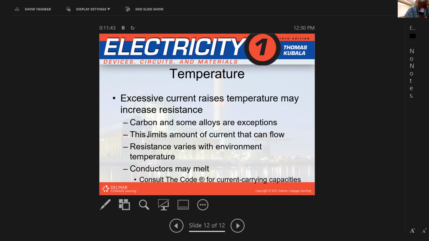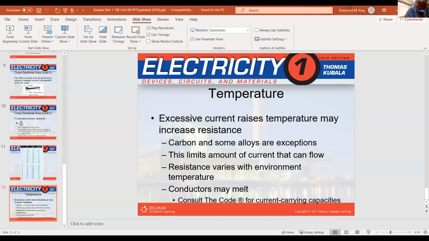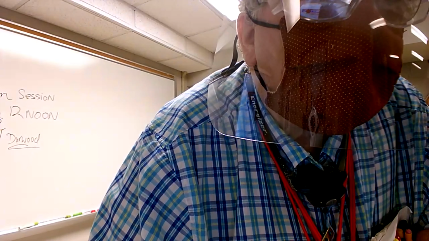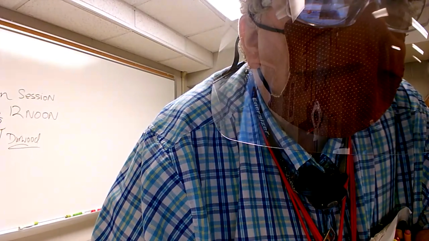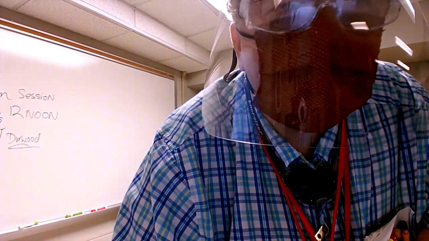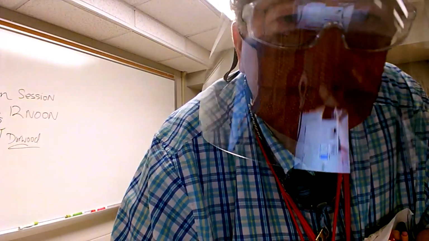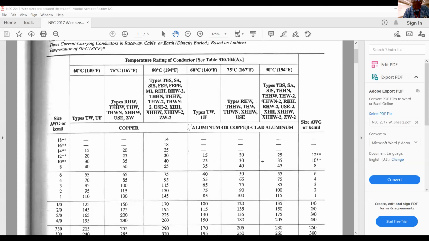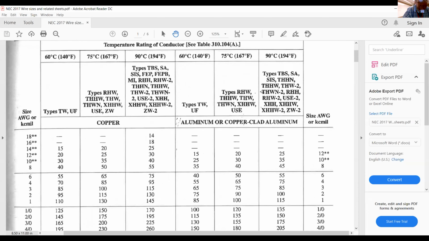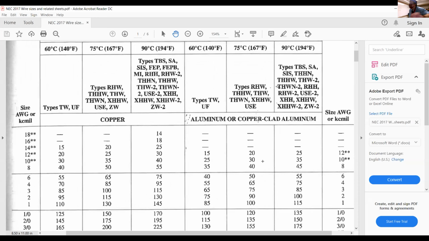And just for instance, if you go back to that wire chart, a number 14 wire, if you have a number 14 wire that's copper, it can have a temperature rating of 140 Fahrenheit, 167 Fahrenheit, or 194 Fahrenheit.